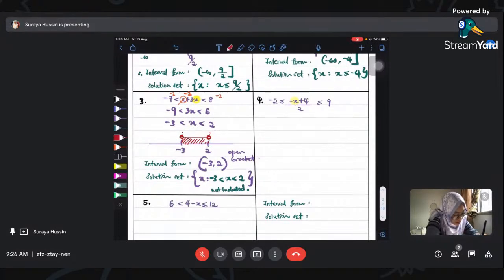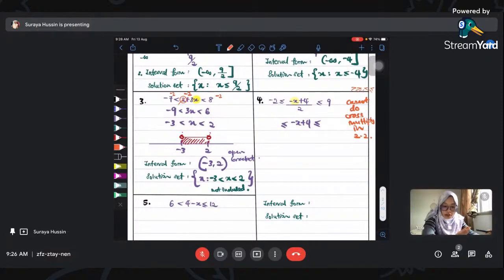For question number 4, I want to leave -x plus 4 as the subject. Am I trying to cross multiply? I cannot do cross multiply here. There is no such thing as cross multiply in 2.2 because this is an inequality.